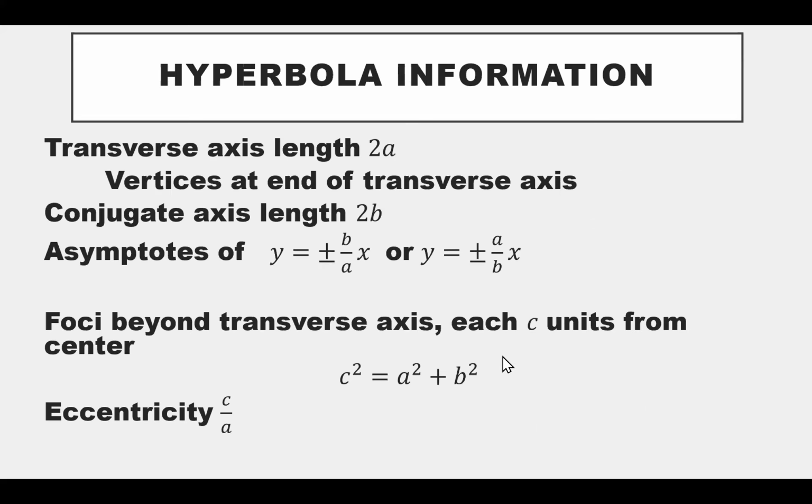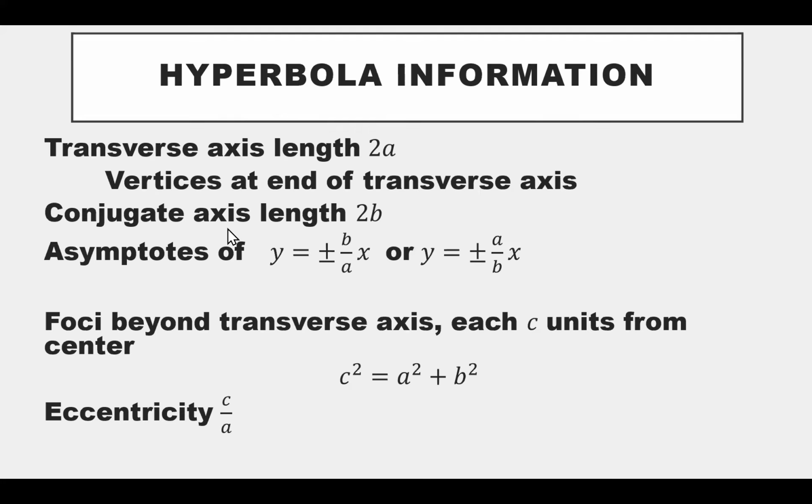Now, regardless of which version of hyperbola we have, there are some features of hyperbolas that are common to both equations. We have two types of axes. One is called the transverse axis, and the other is called the conjugate axis.